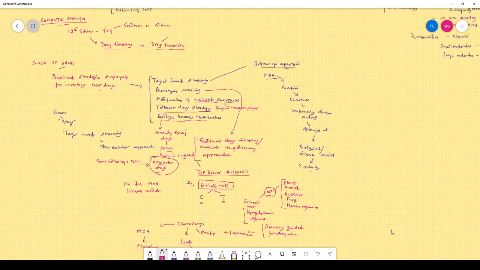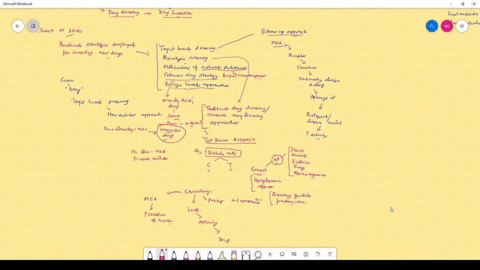Then we have seen what are the currently available, we have looked at currently available drugs, and we have found out that they have been obtained from target-based screening, from phenotypic screening, from modification of the natural substances, by using a follow drug strategy, and by using biologic-based approaches.